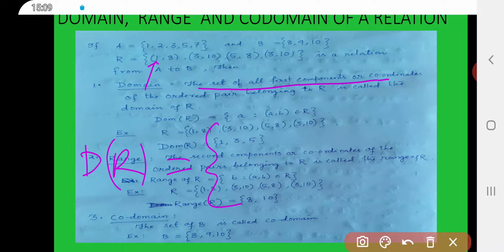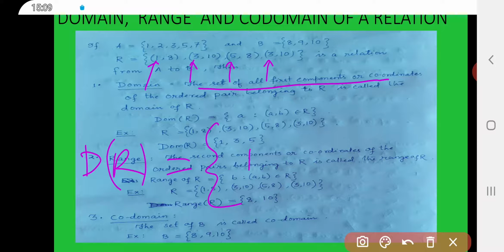So here you see domain: the set of all first components or coordinates of the ordered pairs belonging to R is called the domain of R. So here the first coordinates are 1, 3, 5 and 3.